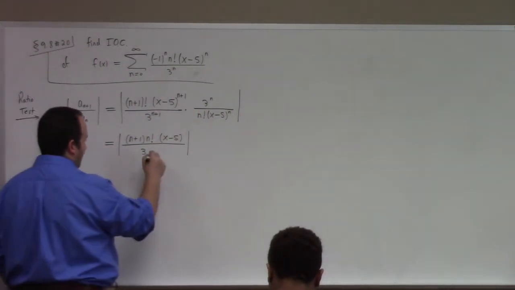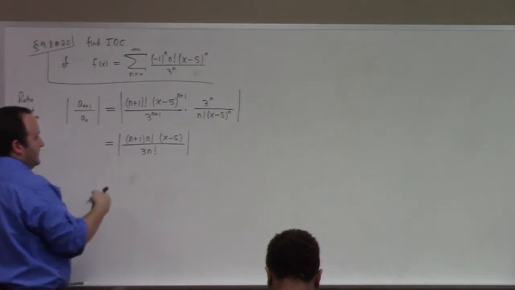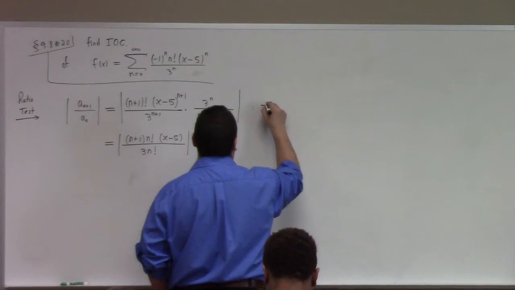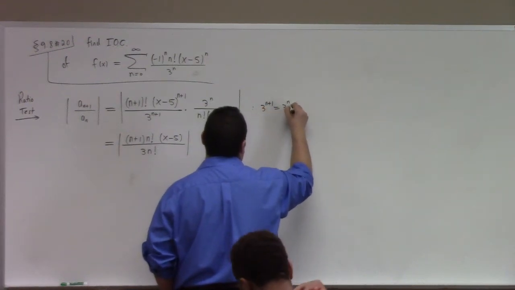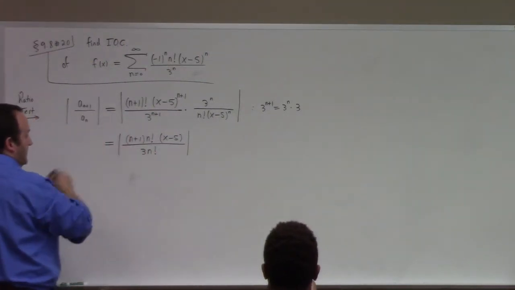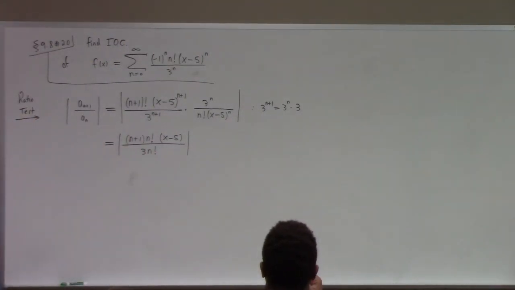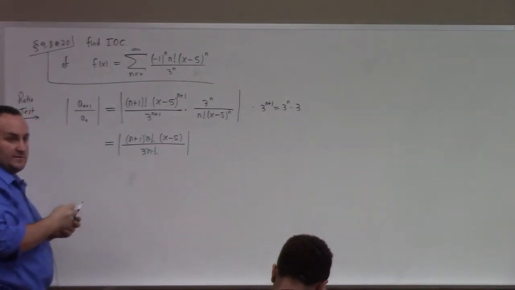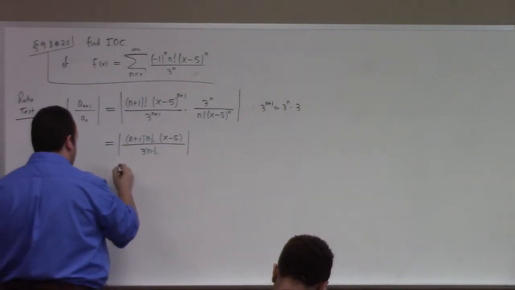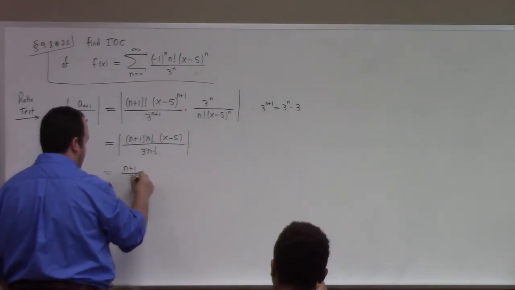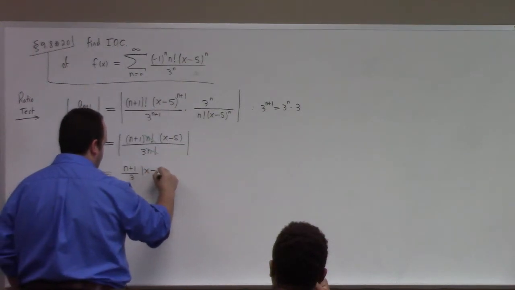Oh, and there's an n factorial down here. 3 to the n plus 1 is 3 to the n times 3, so I can just leave myself a 3. The 3 to the n's cancel. And in fact, if I was being a little bit lazier, I would have just canceled the n factorials as well. So what we've got is n plus 1 divided by 3 times the absolute value of x minus 5.